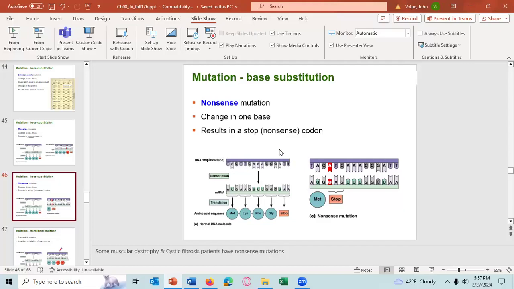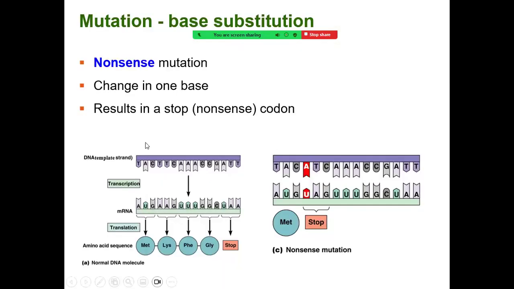And that's why it's called a nonsense mutation. Instead of coding for an amino acid, you now code for the stop codon, and that will cause a truncated protein. So this is a very short protein, 1, 2, 3, 4, only having 4 amino acids.